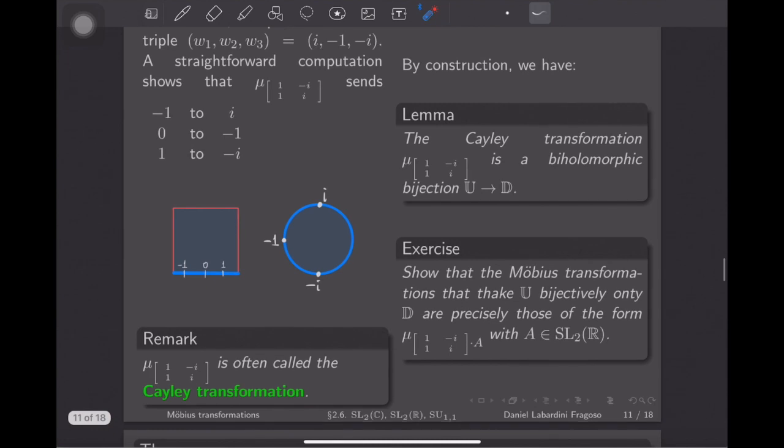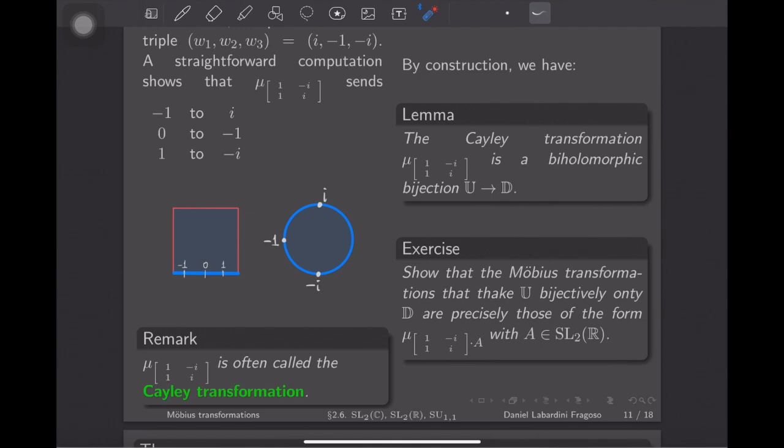Now, one nice point is that once I know one matrix whose Möbius transformation sends what I want bijectively onto what I want, then I know all matrices. That's what this exercise says. It says precisely those of the form. And here there's an easy part of the exercise.